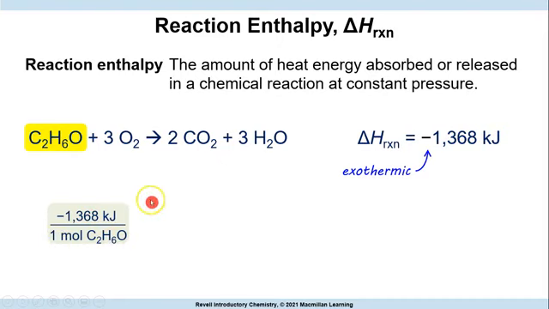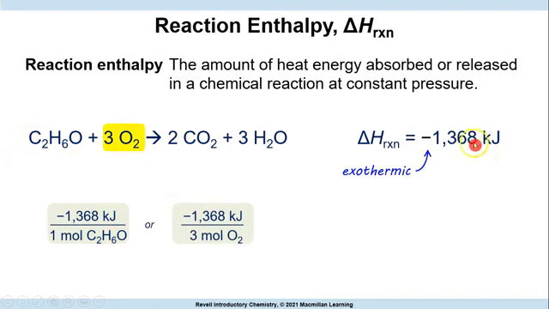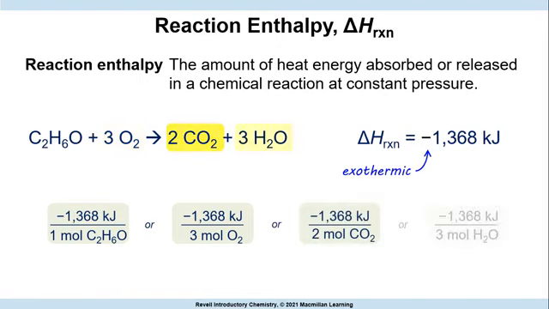If we have to use that for oxygen, we'll have minus 1368 kilojoules for 3 moles of oxygen. So we can use that for reactants and products. For the products, which are carbon dioxide and water, the same amount of kilojoules for carbon dioxide will be 2 moles, and for water it will be 3 moles. So that is a conversion factor.